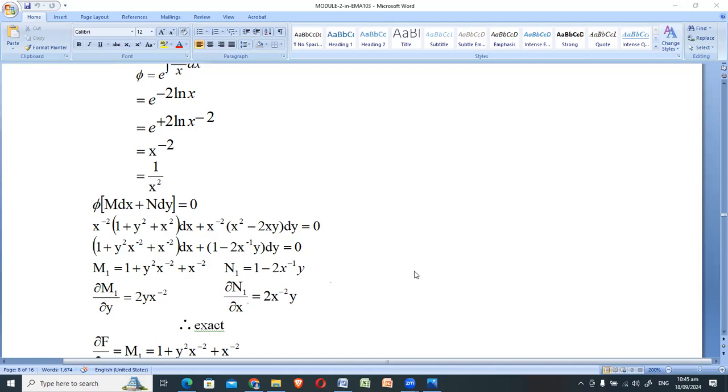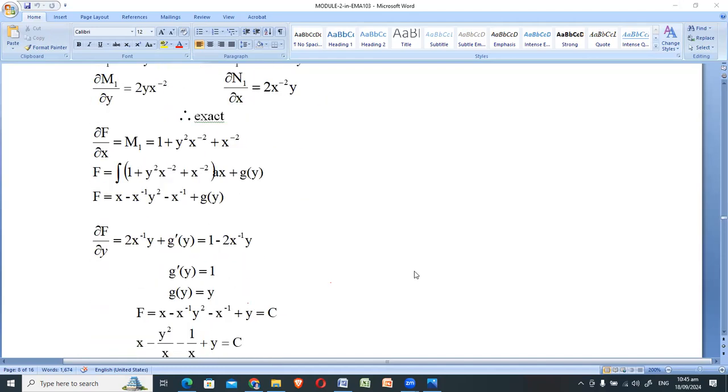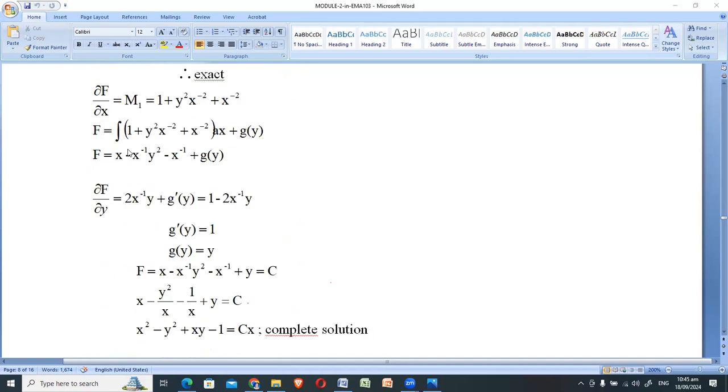Now, if your DE is exact, you follow the procedures. There are 3 different methods you can use to find the solution of an exact DE. And that procedure partially integrates with respect to x your m. So the new m, the m1 will be partially integrated with respect to x. And as such, your constant of integration here will be g of y based on method 3. So I'm using method 3 here.